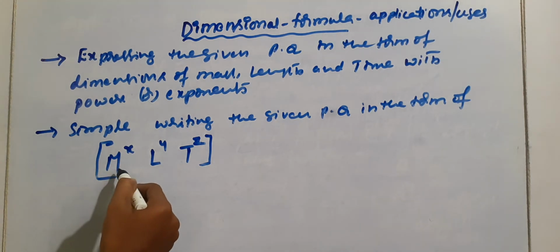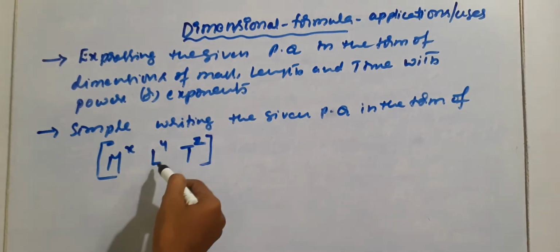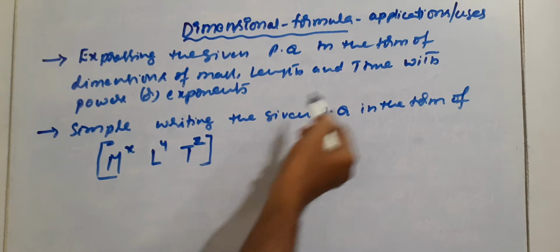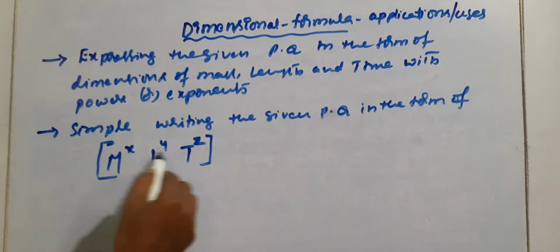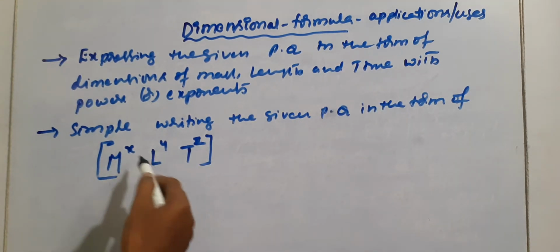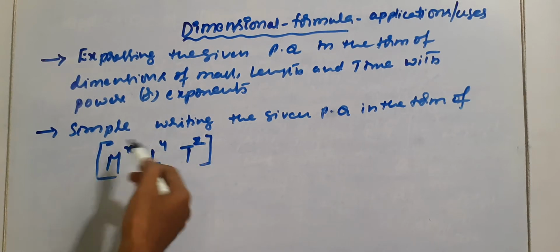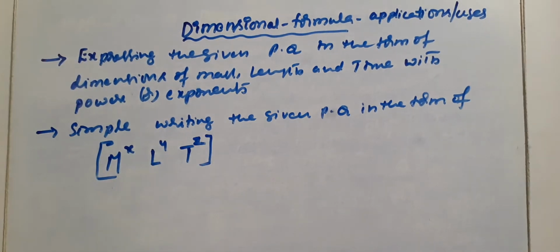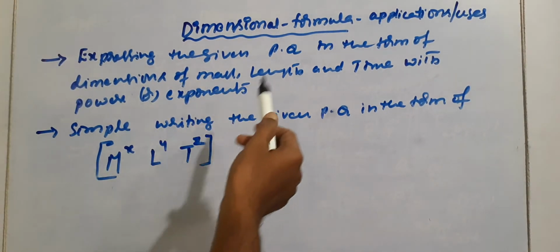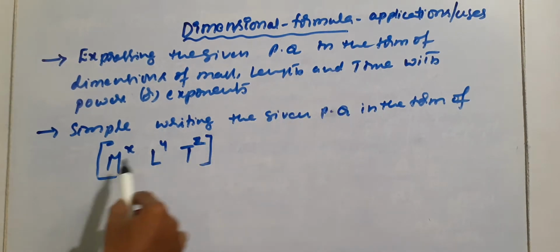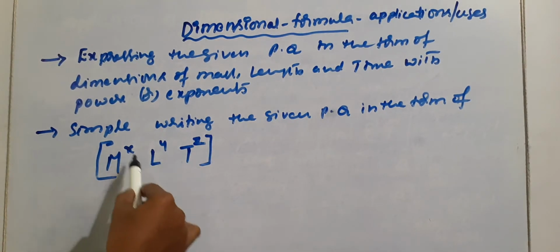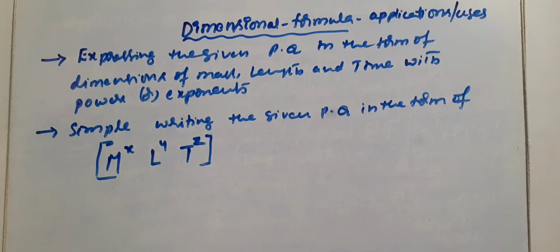Where M is the dimension of mass, L is the dimension of length, T is the dimension of time. Their powers may be zeros or negative values or positive values. So simply writing the given physical quantity in the form of M power x, L power y, T power z is called the dimensional formula.